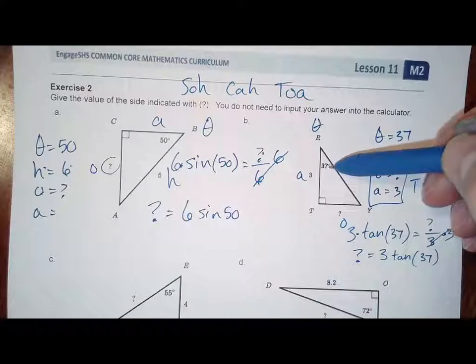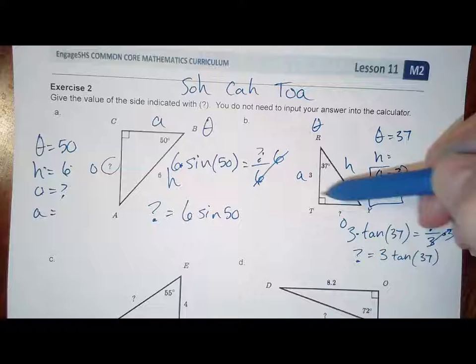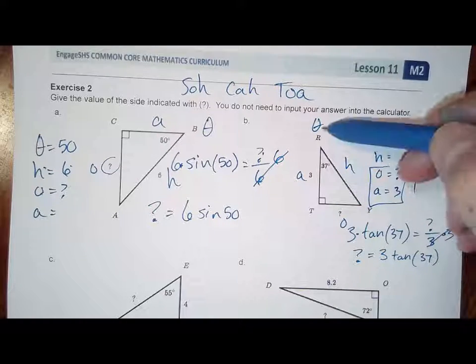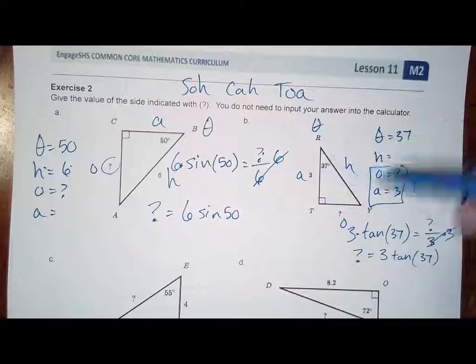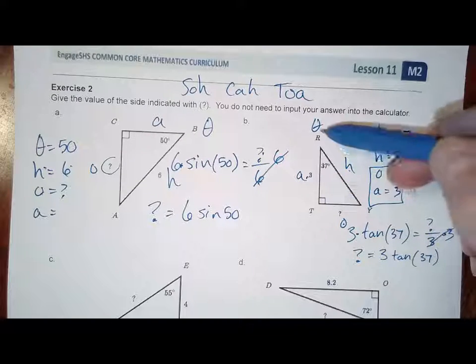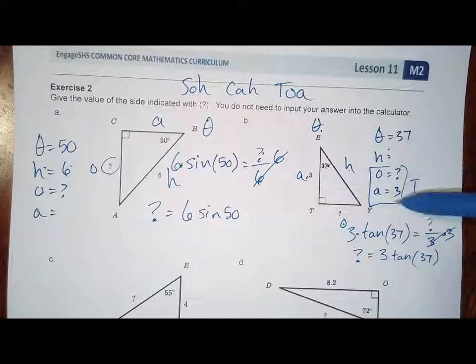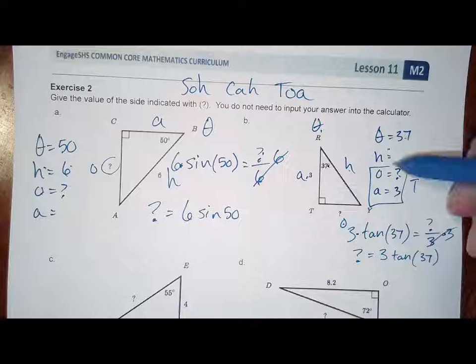First of all, 37 degrees is the angle that we know, apart from the 90. We have to have a 90-degree angle. So 37 is where the theta goes. Label HOA based upon the angle 37. List it so that you can see what two things we actually have information about.